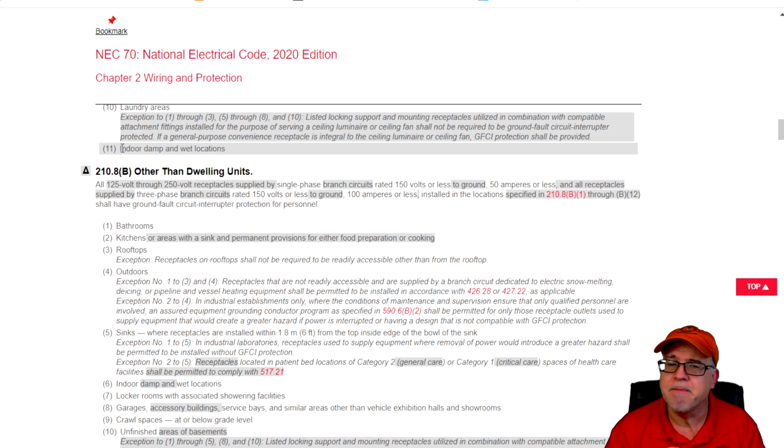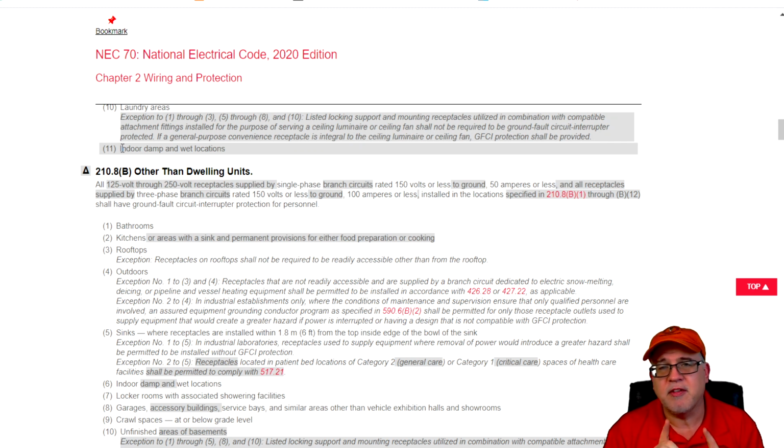So at the end of the day, a mud room, to me, is not necessarily a wet or a damp location. But some people, depending on what's in there, and the propensity for moisture to be sprayed or whatever, might jump out and say, this has to be considered a damp or wet location, and I'm going to require GFCI protection.